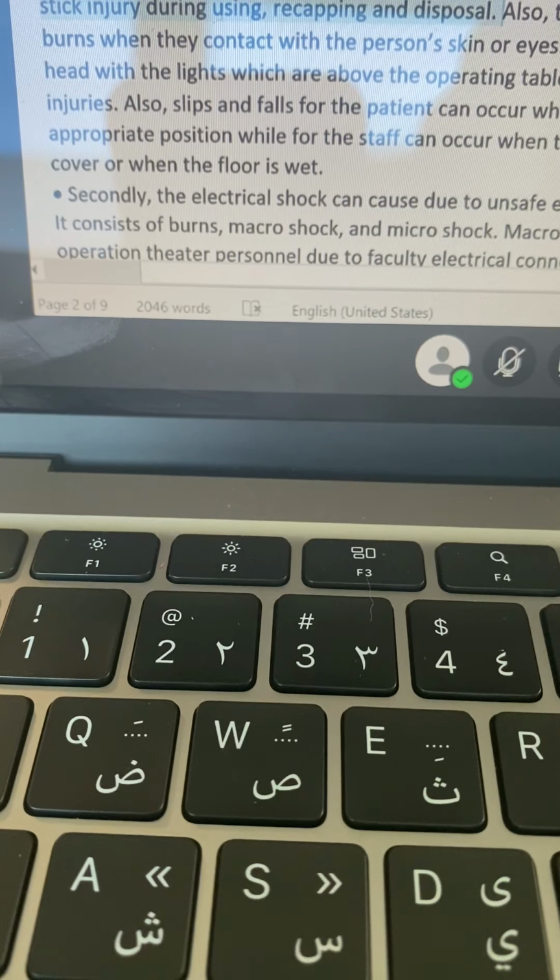You mentioned the hazard, you mentioned the example, you mentioned the risk, which may affect the freedom of moving, so it hinders the movement of people who work in the operating rooms. So as an example, the electrical wires for this equipment may cause the risk of falls and trips.